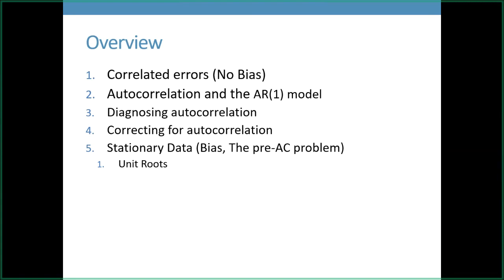And so correlated errors and items, I should mention items 1 through 4 on this, I'm going to go through particularly quickly because we do cover these in 272, just at a slightly different level. And then stationary data and unit roots, topic 5. To be honest, I'm also going through it quickly, but it's kind of an extra term that comes up a lot.